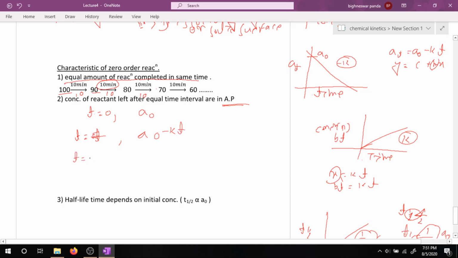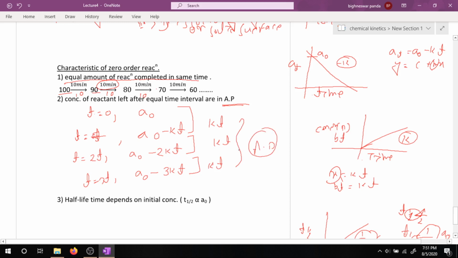When time is 2t, I have A naught minus 2kt. When time is 3t, I have A naught minus 3kt. So in between these we have a difference of kt each time. So this is arithmetic progression. Concentration of reactant left after equal time interval is in AP.